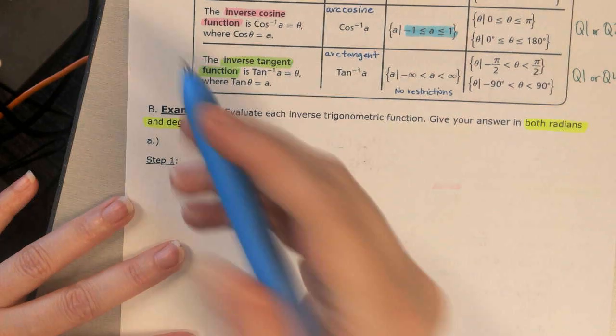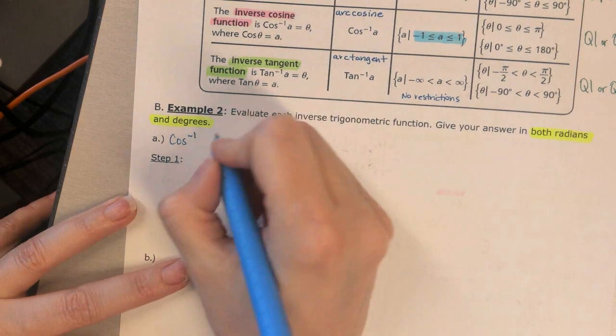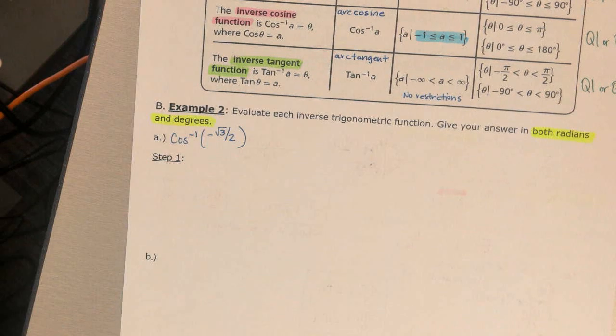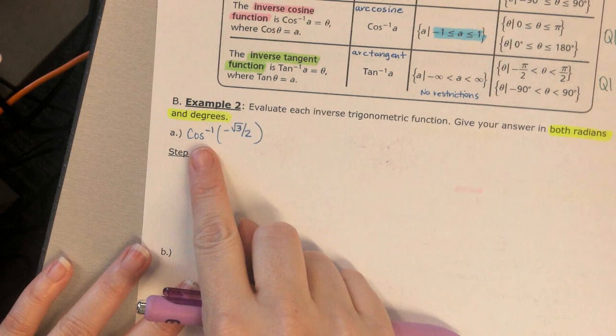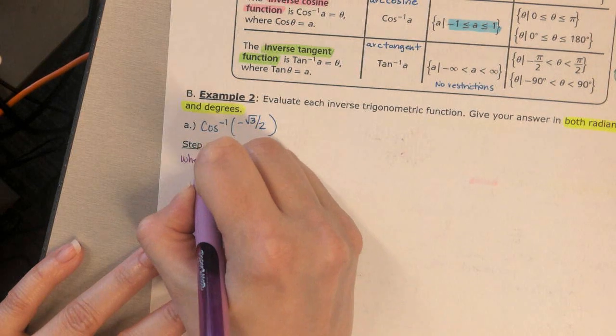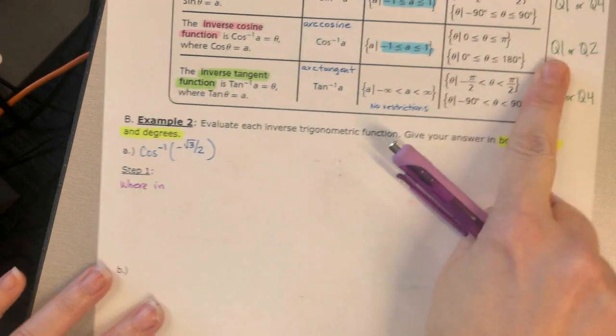So the first one is the cosine with a capital C inverse of -√3/2. Step one is just thinking about what we are looking for. With this capital C, for cosine, it's quadrant 1 and quadrant 2.